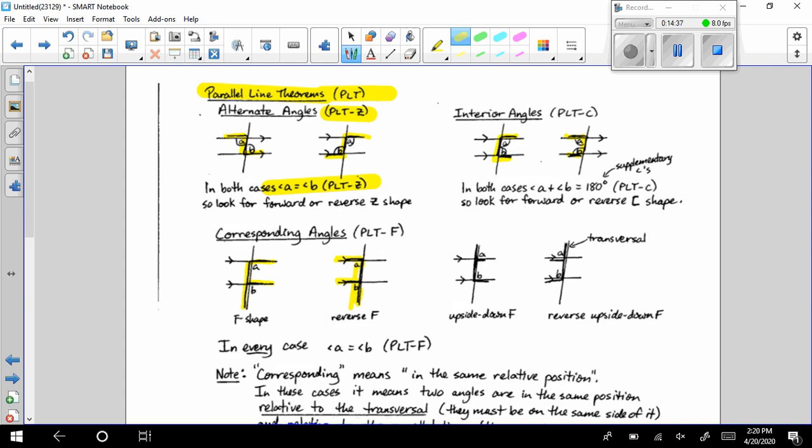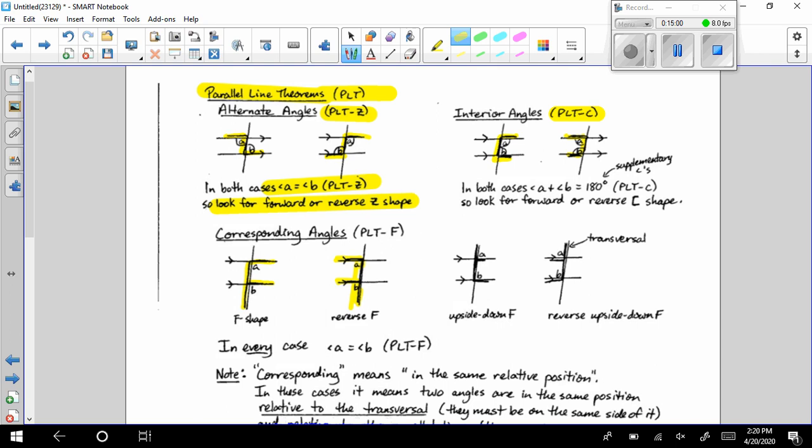The reason that we're going to use in grade 9 is PLT-Z. In grade 10, we ask you to learn the angle name, which is that they are alternate angles. So you're going to look for a forward or reverse Z shape if you're using that acronym PLT-Z.